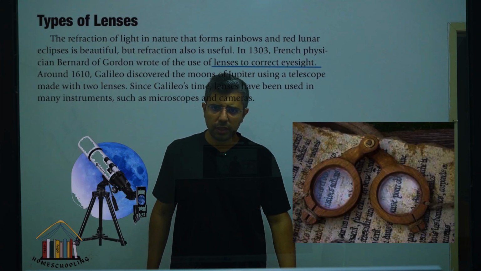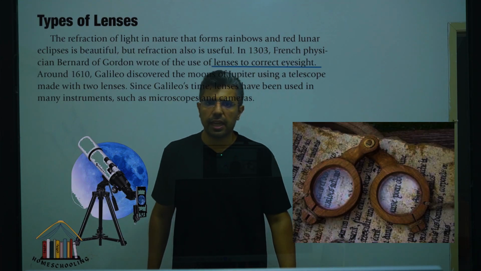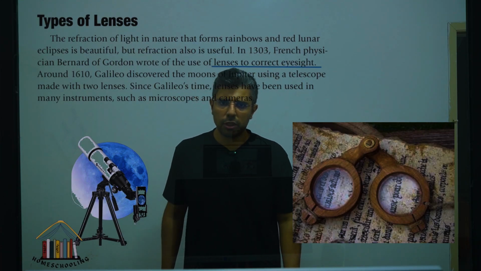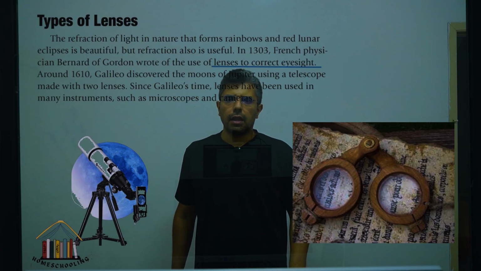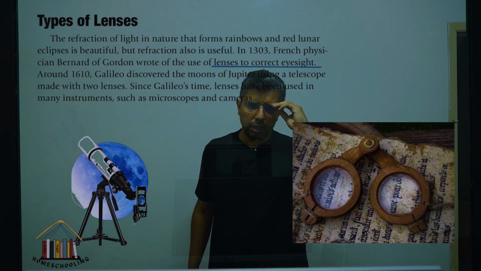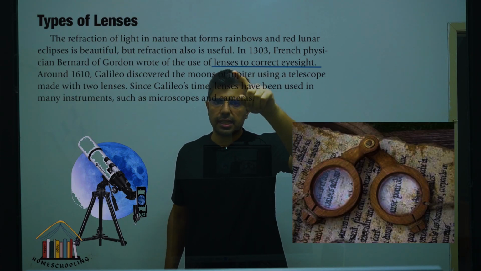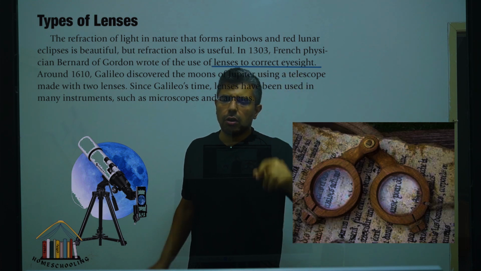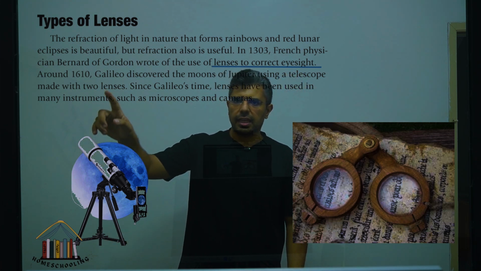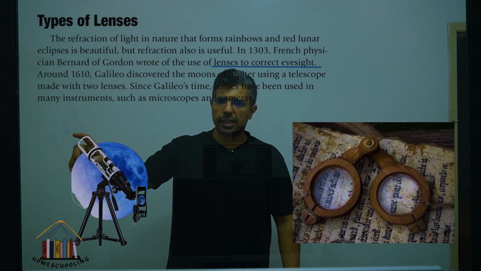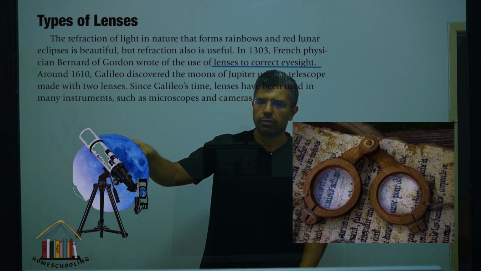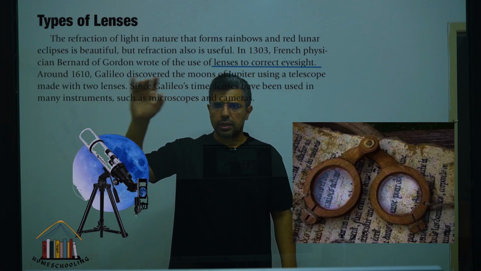First of all, lenses have multiple applications. A long time ago they used lenses for correcting eyesight, as we see here, or scientists like Galileo used them to look at stars or at the moon at night.